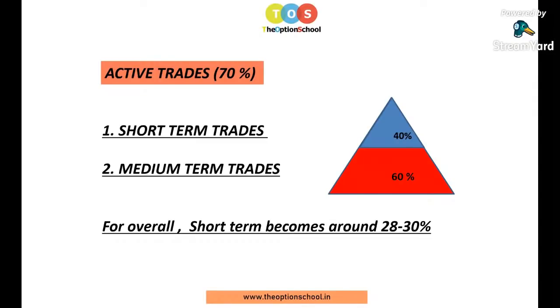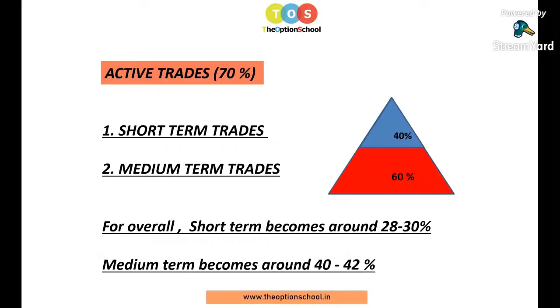Right, so suppose you have, let's say I'm just giving an example, that let's say you have roughly around 10 lakh rupees. So maybe out of that 2.5 to 3 lakh rupees go for short-term trades, and 40 to 42% goes for medium-term trades. Because what is the benefit of short-term trades is short-term trades can really boost up your returns.